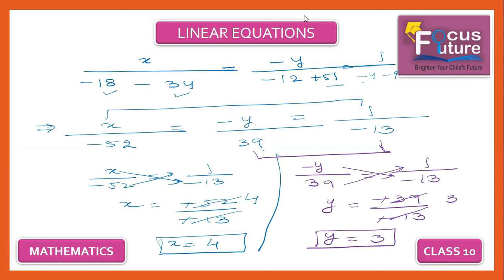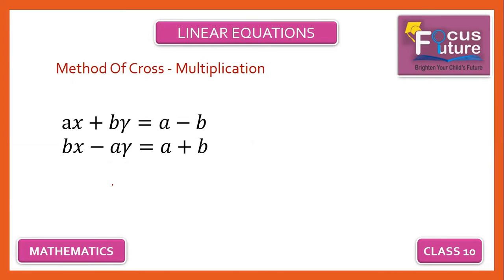Now let us do one more linear equation problem on this. So you have these two equations. So your first step would be all the values should be on the left hand side and on the right hand side you must have a 0. So first step you would write equation 1 as ax plus by minus a minus b on the left hand side is equal to 0.